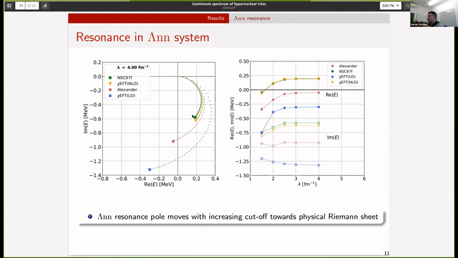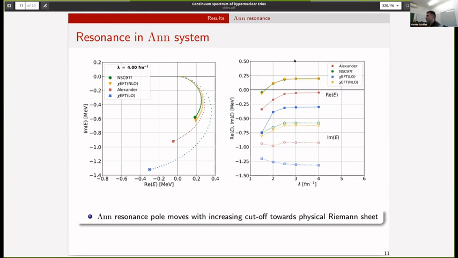If we perform this calculation for multiple cutoffs and plot these physical points as a function of cutoff, displayed on the right, we see that the lambda-NN resonance converges with respect to the cutoff, and for a certain scattering length it predicts a lambda-NN resonance.